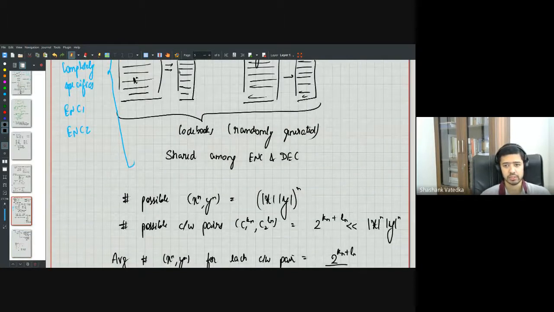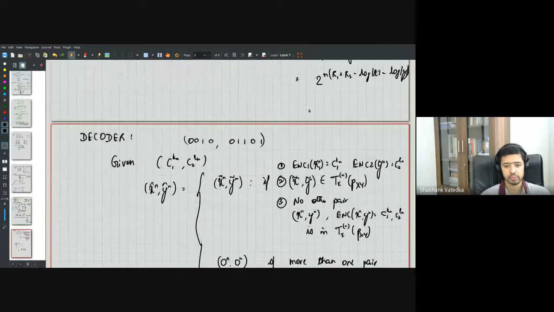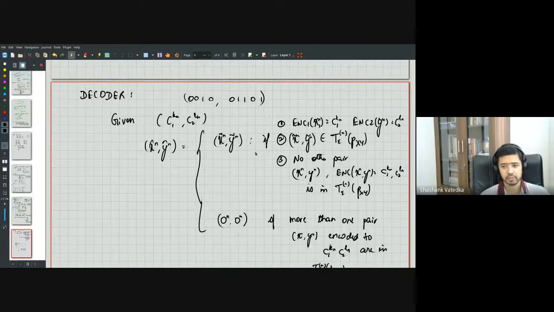It looks at these tables and finds out which pairs are mapped to this. So those are the candidates. Let's call them candidate pairs. Among all possible candidate pairs, if there is exactly one pair which is jointly typical, then the decoder outputs that.